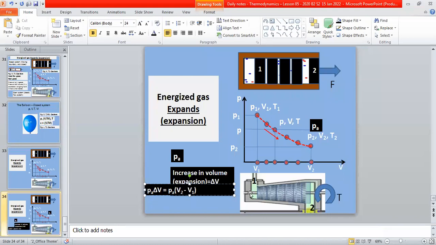So this is equivalent to the work done by gas during expansion.